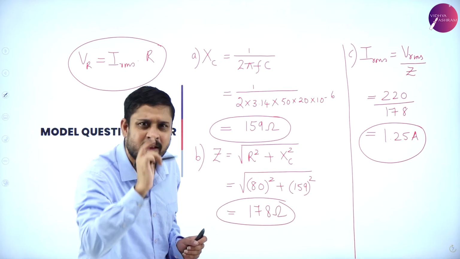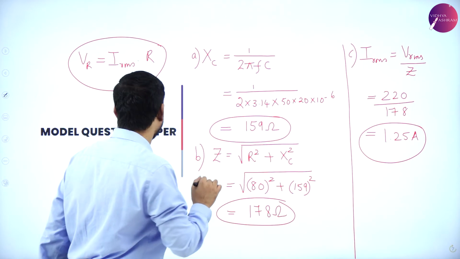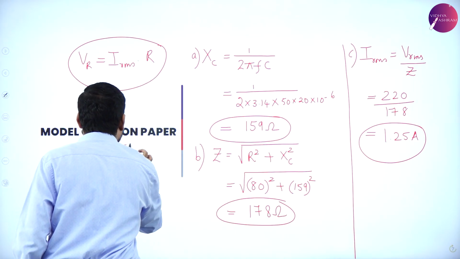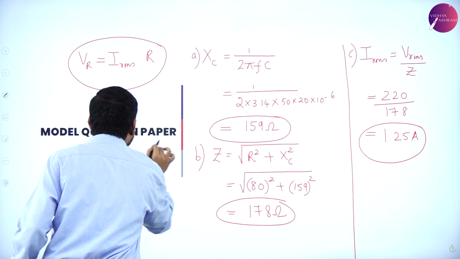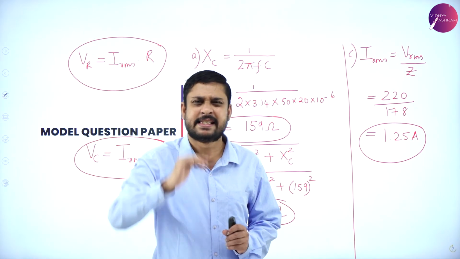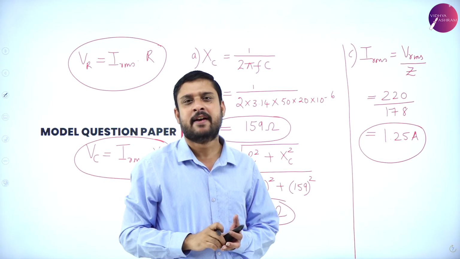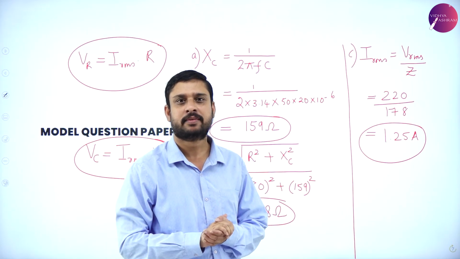Substitute and work a bit, you will get that satisfaction. Potential difference across the capacitor, again, IRMS into XC. See, step by step, one quantity by another, easily we are arriving at the solution.